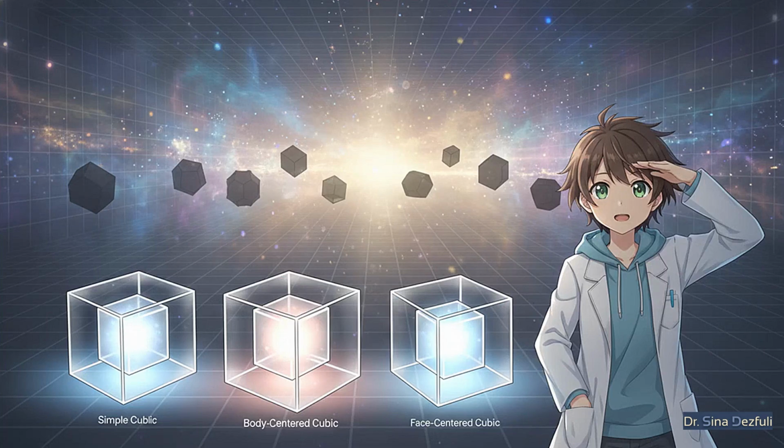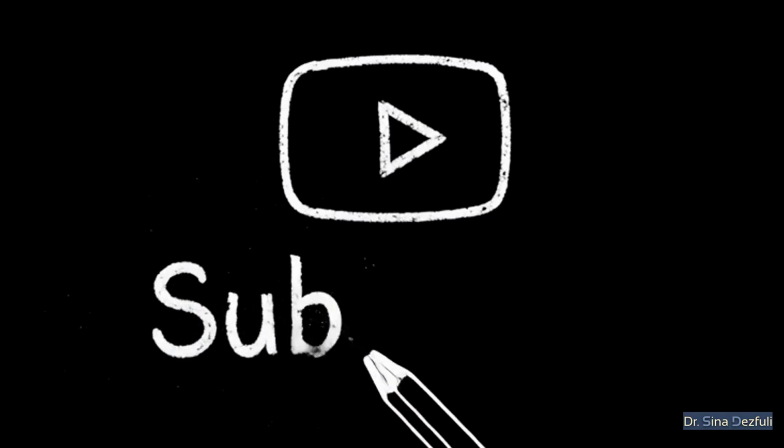So while we've really gotten a handle on the three cubic structures today, just remember that there are 11 other fundamental patterns out there. Together, these 14 structures are known as the Bravais lattices, and they form the complete atomic blueprint for every single crystalline solid. So what kind of properties might those other 11 structures unlock? Well, that sounds like a question for another explainer.